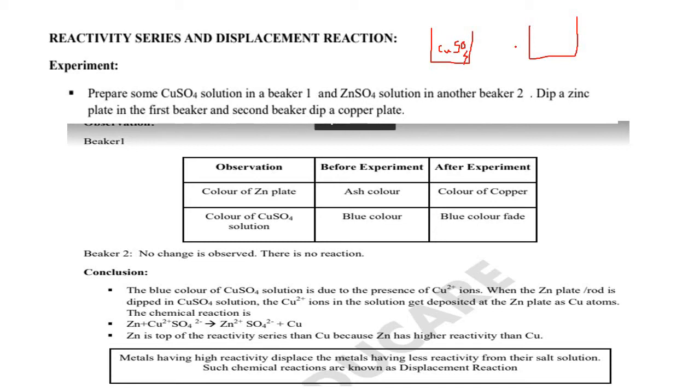In the second beaker you have zinc sulfate solution. You dip a zinc plate in copper sulfate solution, and in the zinc sulfate solution you dip a copper plate. What will happen? That is what we have to observe.